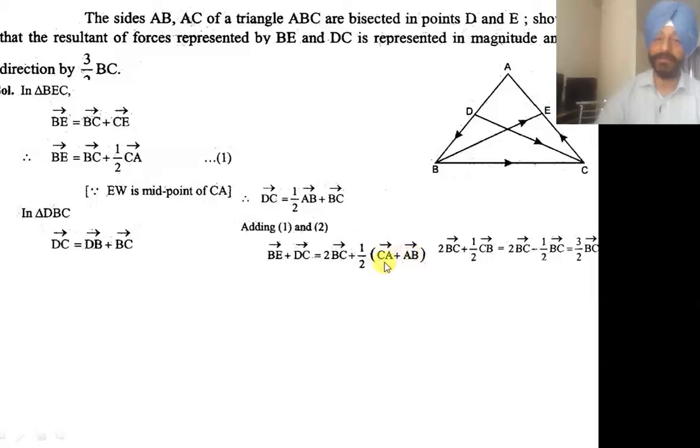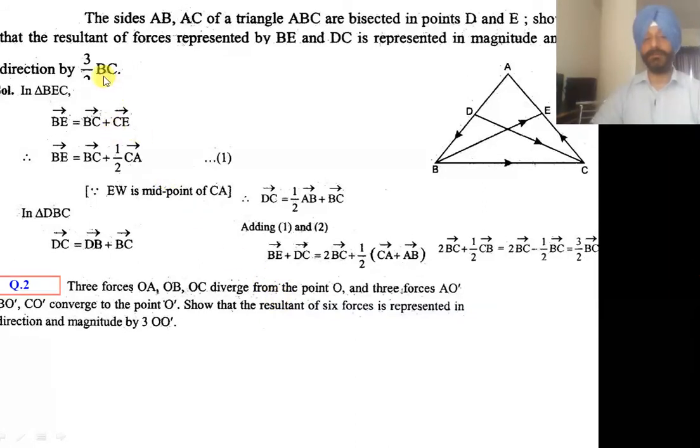So this is 2 BC plus half CB, and when we write CB as BC, it is negative, so the vector is negative. So 2 BC minus half BC. Taking the LCM, we got 4 BC minus BC over 2, that is 3/2 BC, which is what we wanted to prove. So this is our first question.